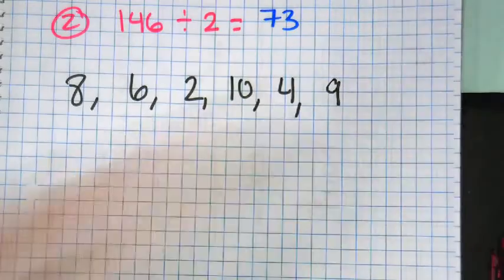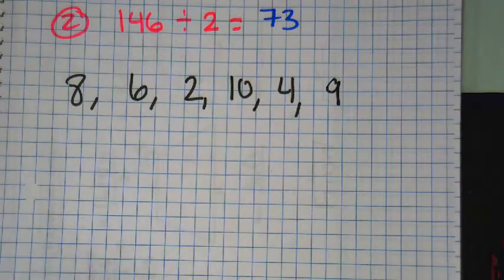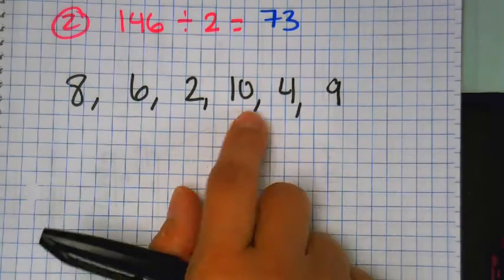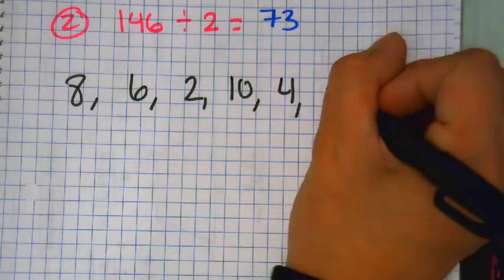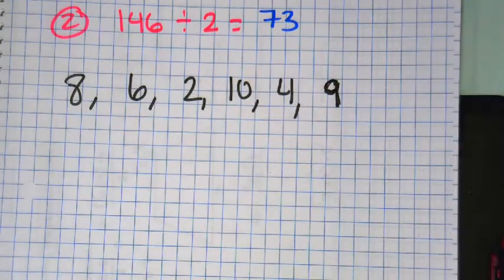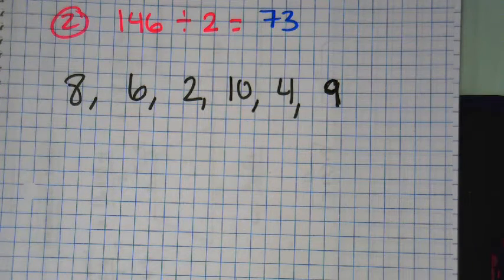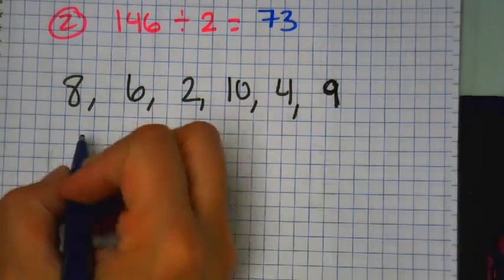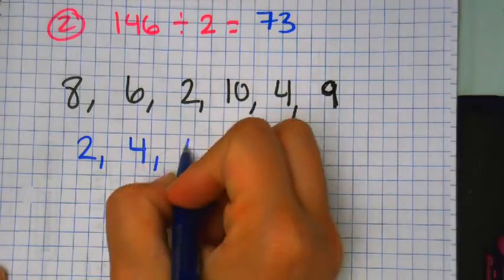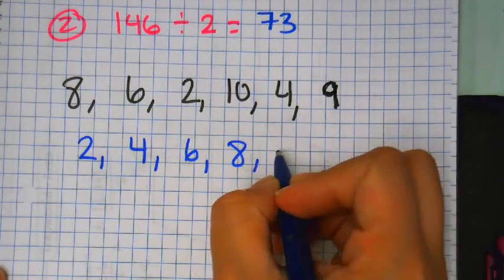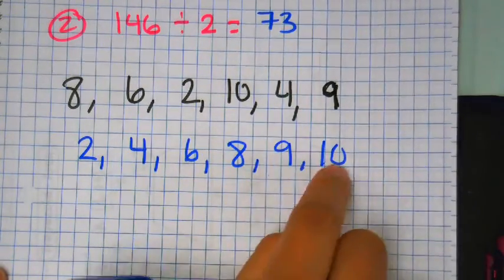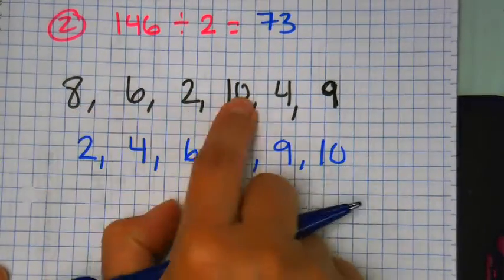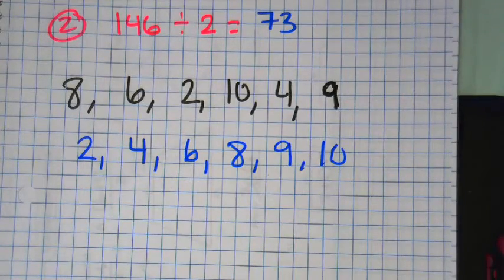Put them in order. 2, 4, 6, 8, 9, 10. 1, 2, 3, 4, 5, 6. Always count to make sure you got them all.